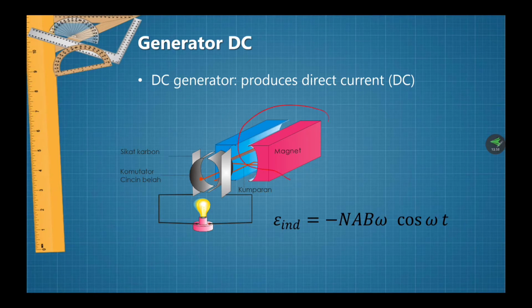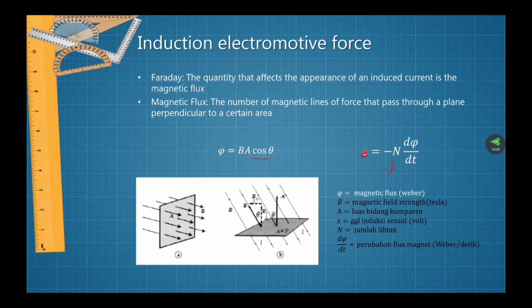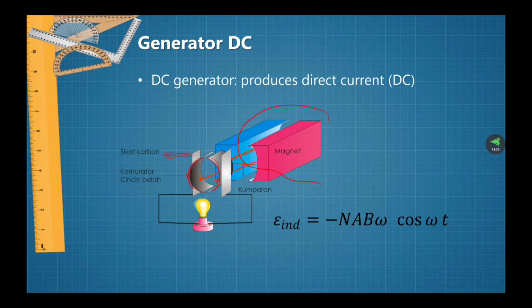This is the magnet, and in here is the coils, and this is the carbon brush, and this is the commutator, with the slip rings, and we can compute the electromotive force as equal to minus N dot A dot B omega cos omega t.